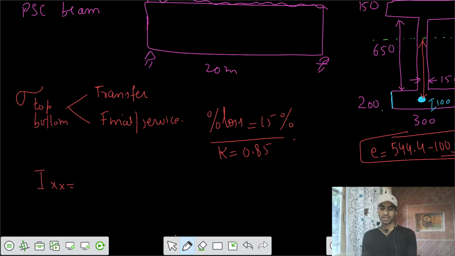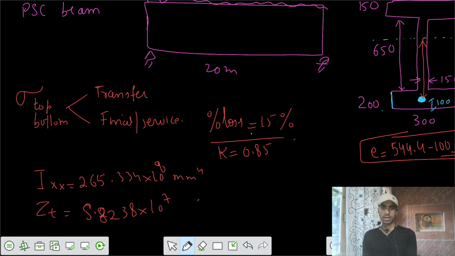Ixx for this cross section is 265.334 × 10^8 mm^4, and Z top for this section is 5.8238 × 10^7, and Z bottom is also provided to you.